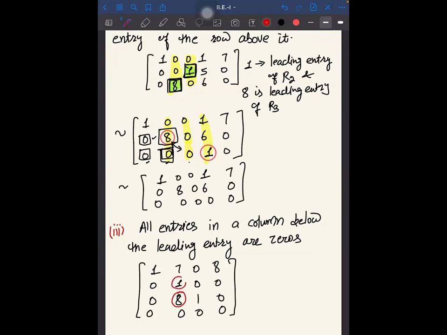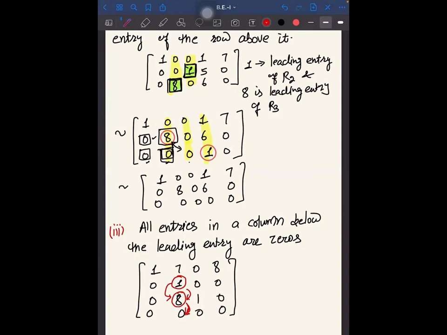When you get a leading entry, that means the first non-zero entry of a row, then there should be zeros, all the zeros below in this particular column. Here it follows. You have 8 over here, and below 8 it is 0. But here it doesn't follow, right? So we'll apply row operations in order to get that form. Right now it is not in the echelon form.